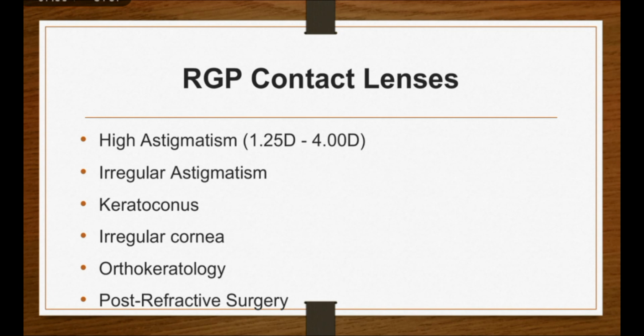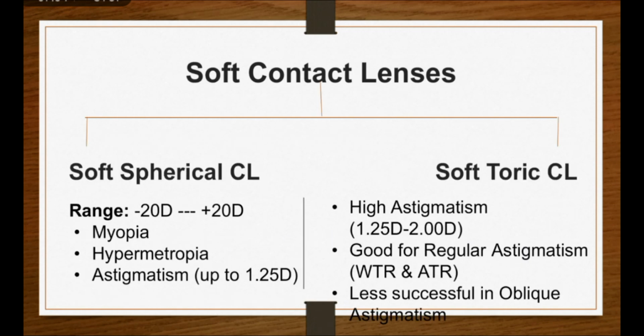You have to choose a contact lens depending on the case. If a patient is only myopic, then you have to give a soft spherical contact lens. If the patient has a bit of astigmatism, for example a refractive error of -2 diopter sphere and -1 diopter of cylinder at the axis of 180, it means that -1 diopter can be corrected with the help of a soft spherical.